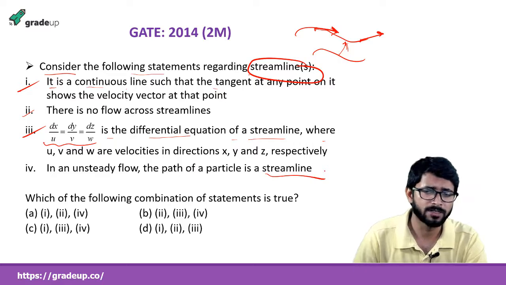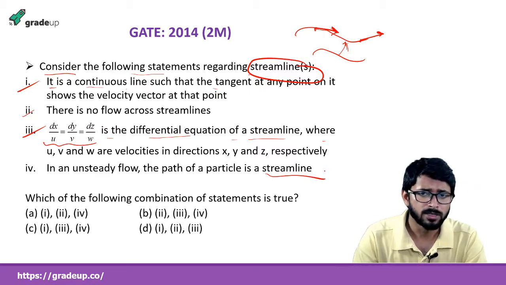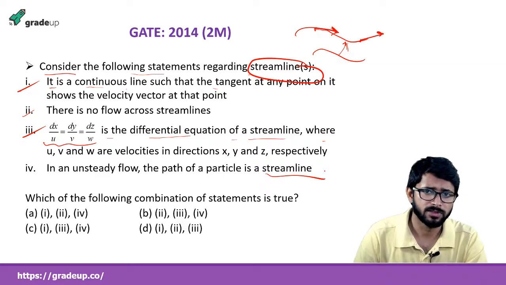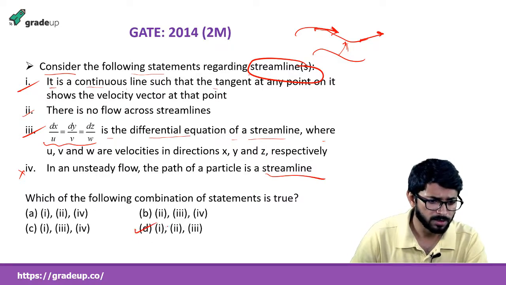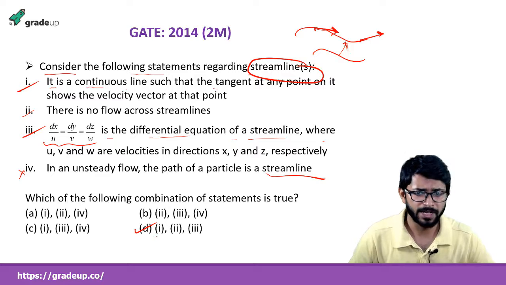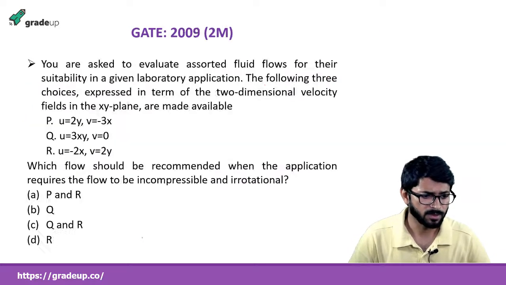No, it is not correct. A streamline is defined when the stream function is given and the flow should be steady and incompressible. So the correct answer is 1, 2 and 3, so option D is the correct answer.